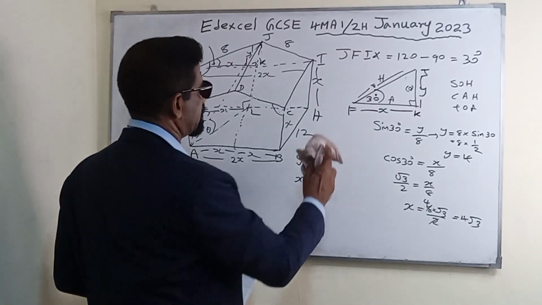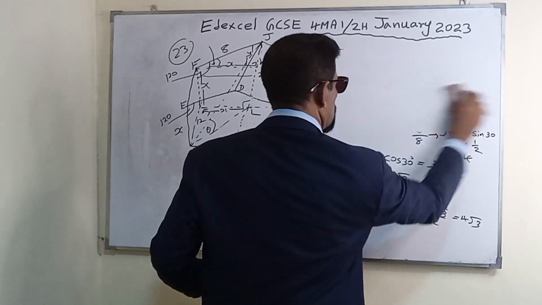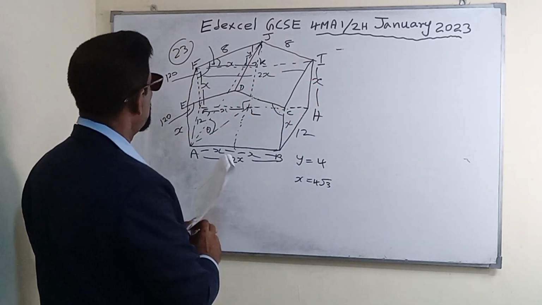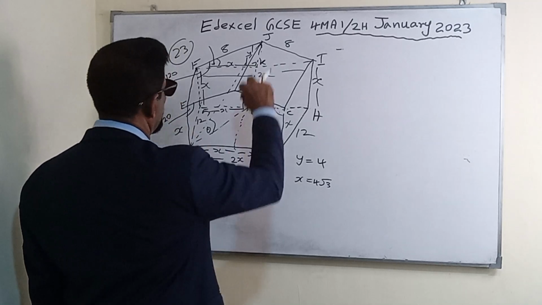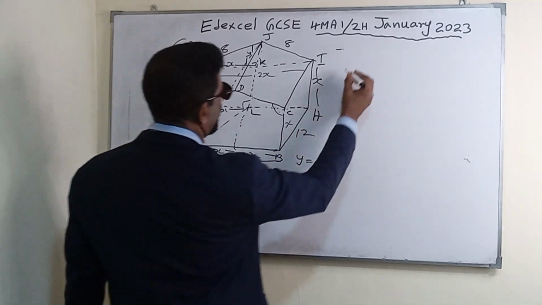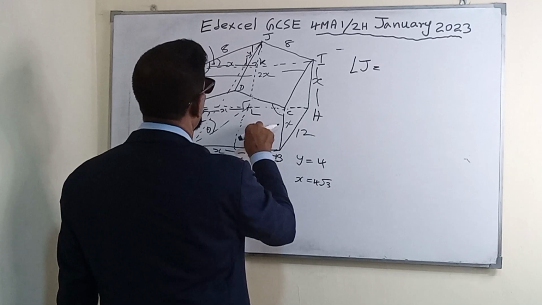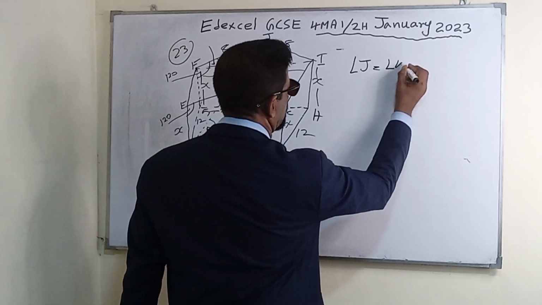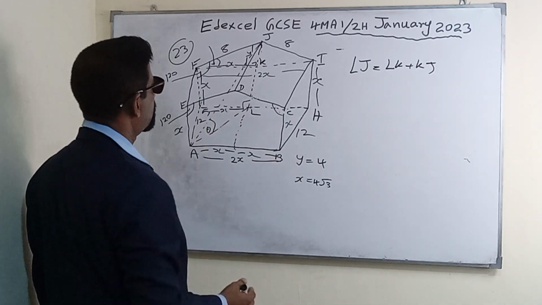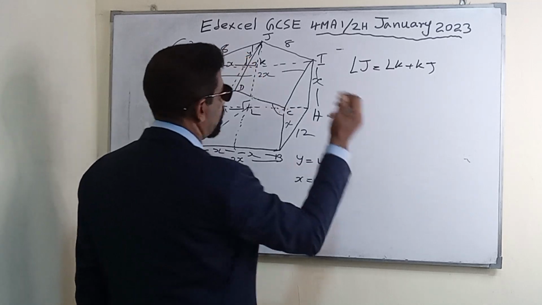Now we are going to find first the LJ height. LJ comes from LK and KJ. LK is 4, and KJ is 4 root 3.